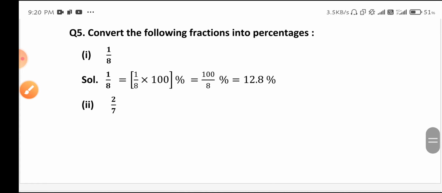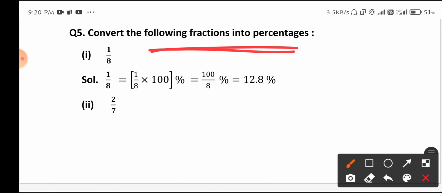Now question number 5, convert the following fraction into percentage. As we know, for changing from fraction or decimal into percentage, we have to directly multiply by 100. So it is 1 by 8. So multiply 1 by 8 into 100. It means you have to multiply numerator with numerator. So 1 into 100, 100 upon 8. If you divide, you will get 12.5.